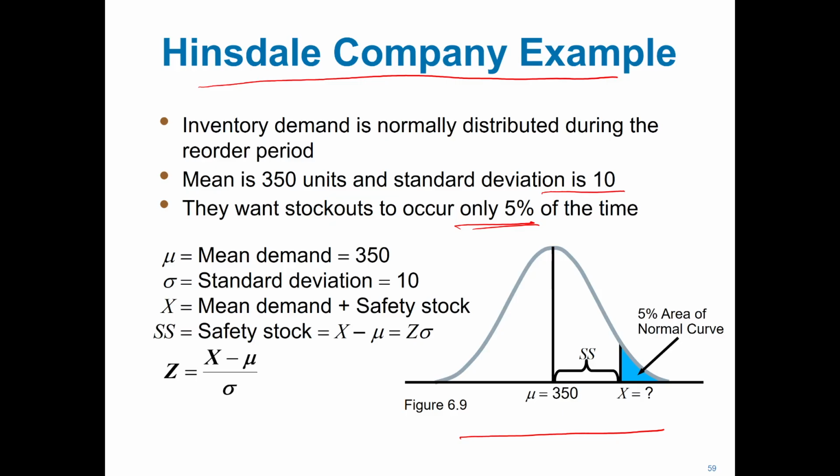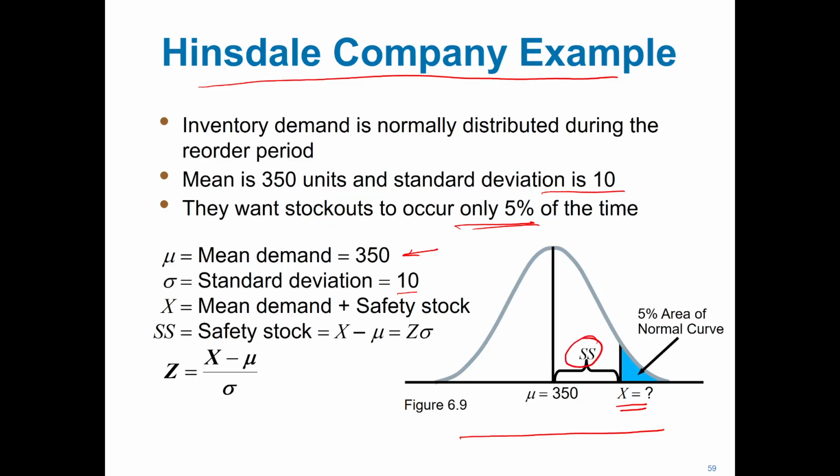So here the mean demand mu is 350 and the standard deviation is 10, and x, if you look at figure 6.9 here, is the thing which is unknown to us. We can easily find it out, but we are only interested in safety stock here, SS.